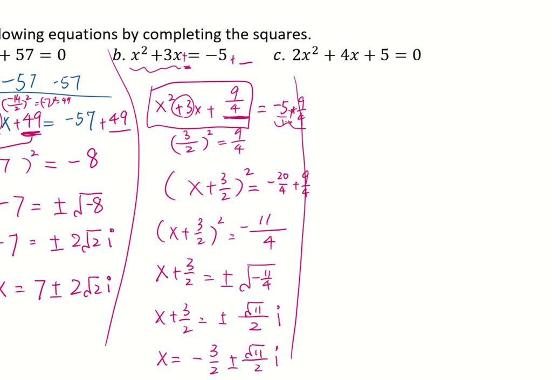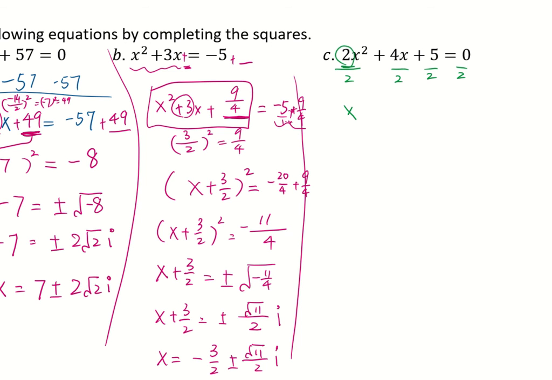Now let's look at C. What's so different about C is the leading coefficient is not 1 anymore, it's a 2. So I need to get rid of this 2 so it's easier for me to complete the square. So I'm going to divide everything by 2 so that the leading coefficient becomes 1.